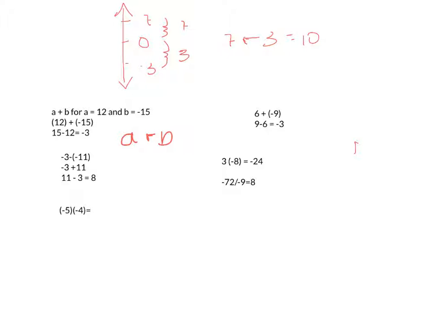Same sign, positive. 5 times 4 is 20. Okay, next problem. We'll see if we can do it down here. N minus 6 equals -13. Add 6 to both sides because you got to do the opposite.